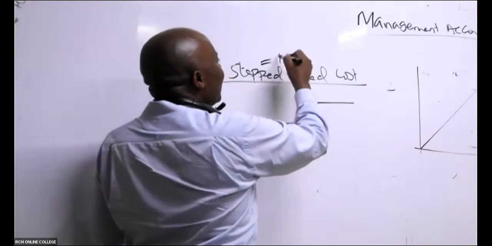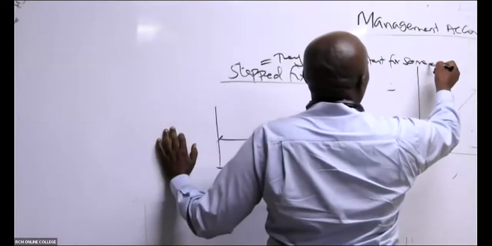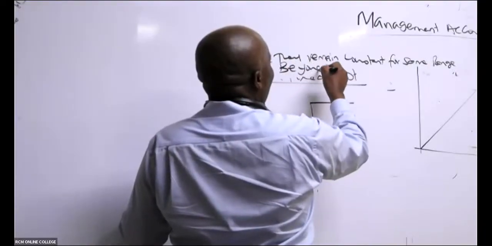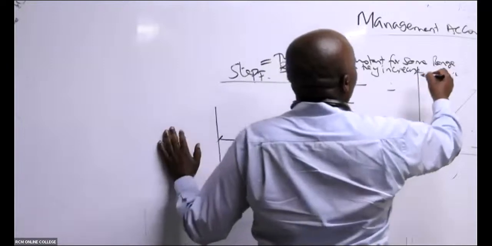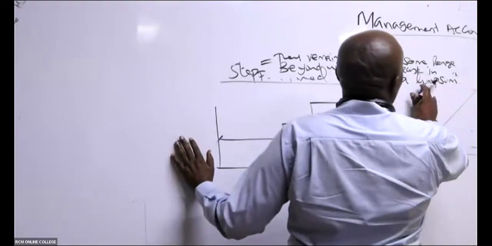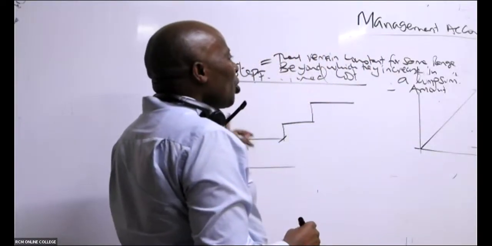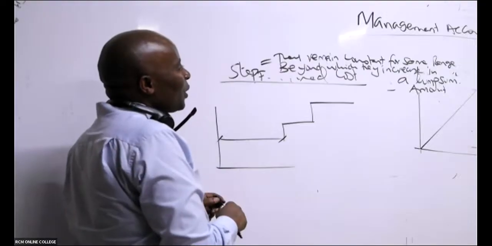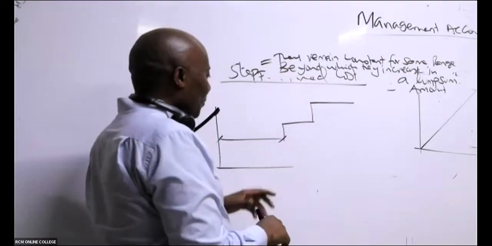Stepped fixed costs remain constant for some range, beyond which they increase in a lump sum amount. So the lump sum is the step.